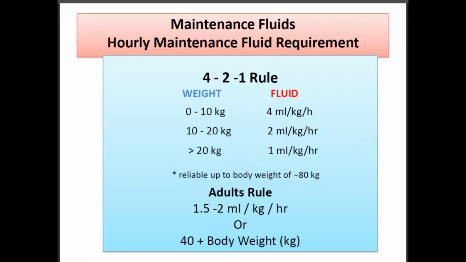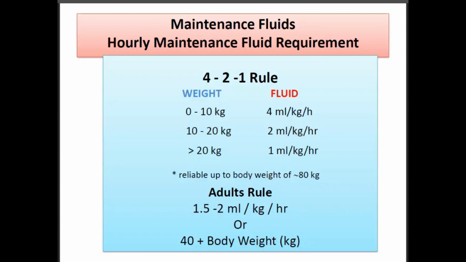Okay, forget about resuscitation now. In maintenance, how to calculate? Remember, this rule is very important, especially in kids: the 4-2-1 rule. It means for the first 10 kilograms, you replace it by 4.